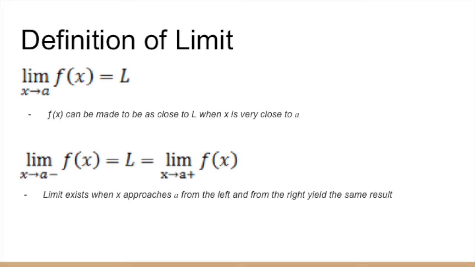The equation can be read as the limit of f of x as x approaches A is L. But to prove that the limit actually exists, we must check for both sides. So when x approaches a from the left and also from the right, if they are both getting really close to L, this tells us that the limit exists when x approaches a.